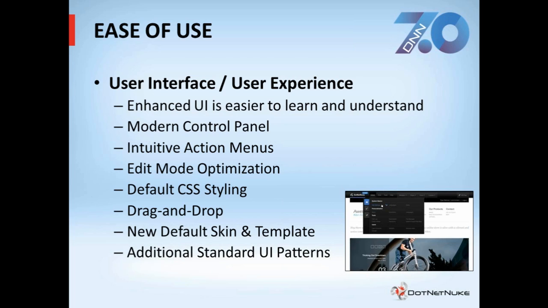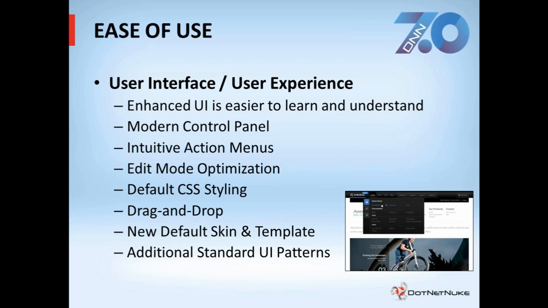So we decided that DotNetNuke 7 was the time for us to completely overhaul the default CSS, streamline it, optimize it, simplify it, and modernize it as well. This will produce a variety of different benefits, both for designers, for content administrators, and for developers.